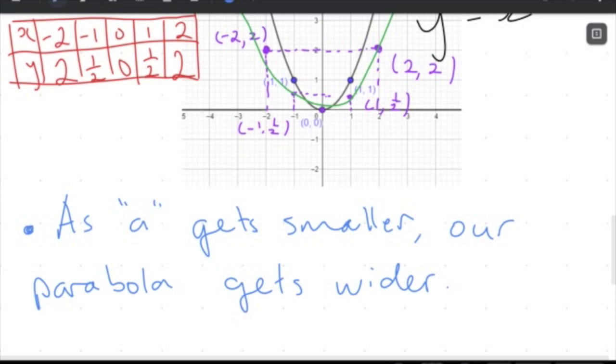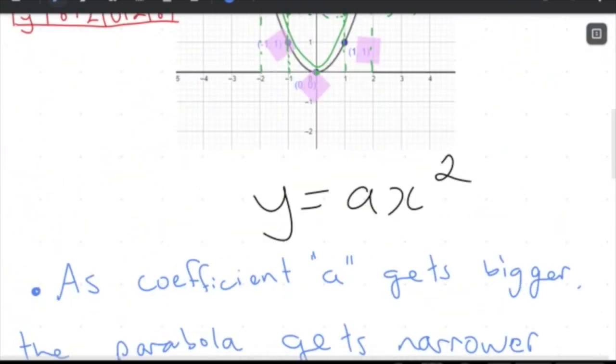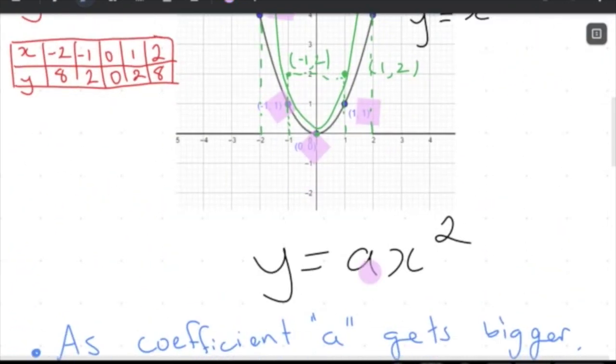Now, these are the only two ideas I want you to come out of this lesson with. We'll get into all of these crazy transformations in the next few videos, but as far as dilations are concerned, we can see that changing the coefficient of x squared, this pronumeral a, has some pretty significant effects on how my parabola changes.